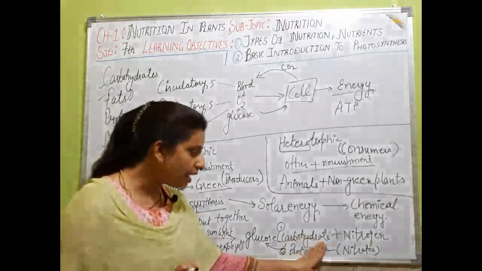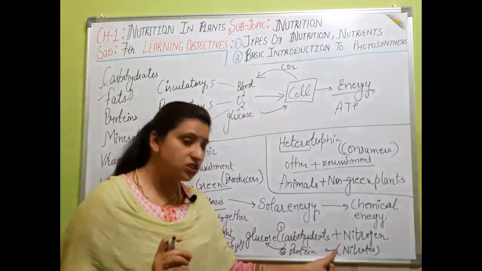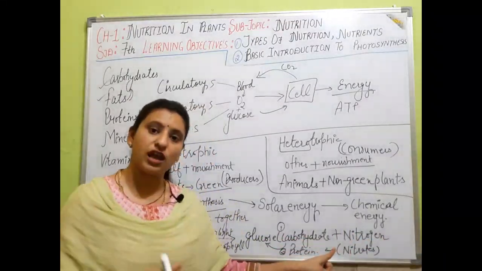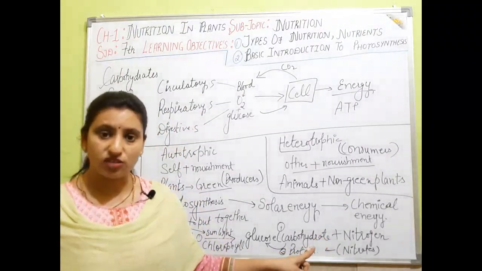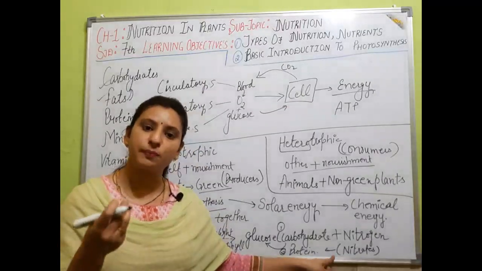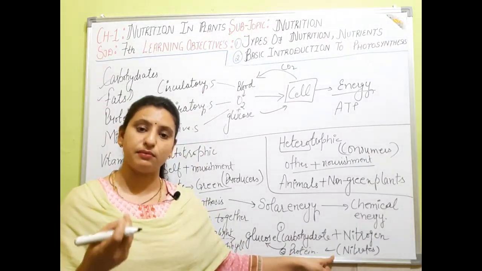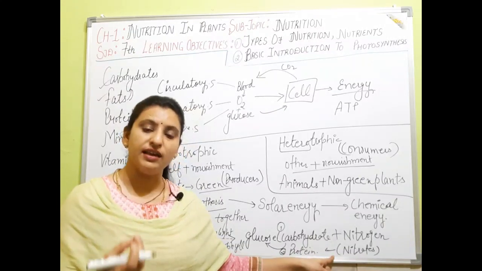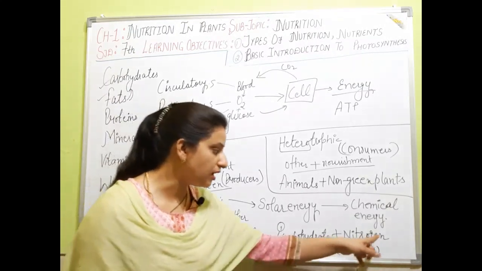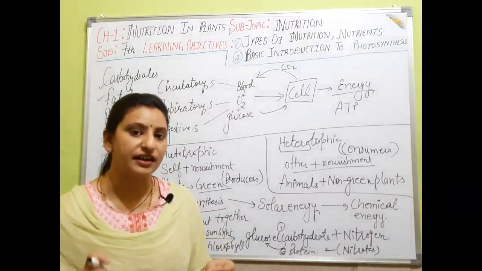Now this carbohydrate will combine with nitrogen, and not in the form of nitrogen. Nitrogen has to convert itself into nitrate, and there are certain plants and certain microorganisms, certain bacteria, mainly the rhizobium family, that convert the nitrogen into the soluble form, called nitrate.